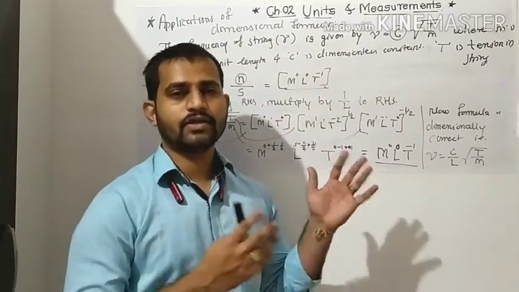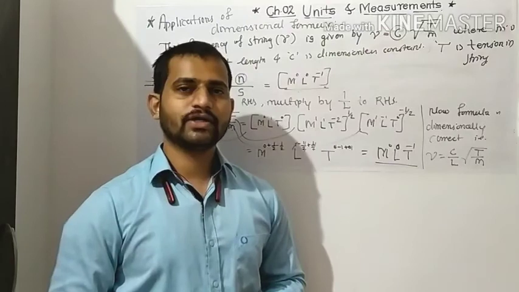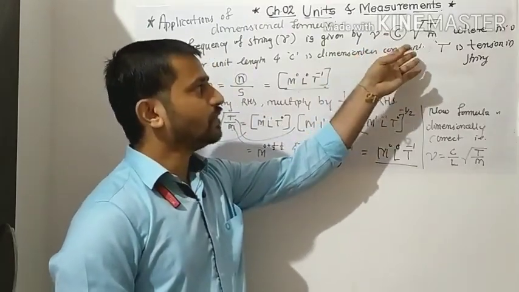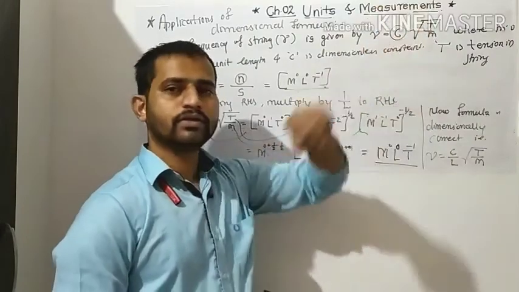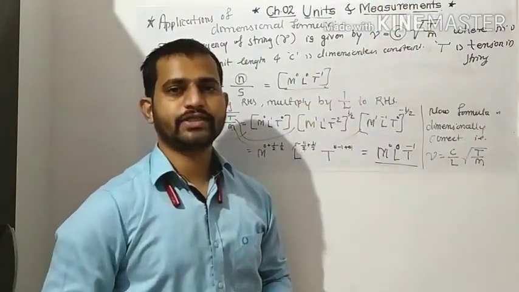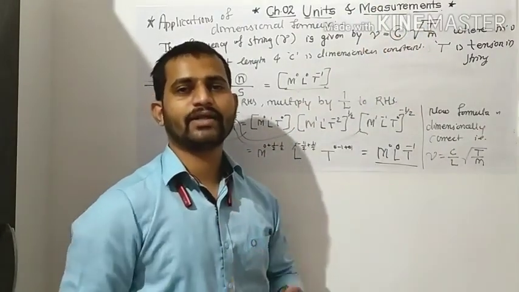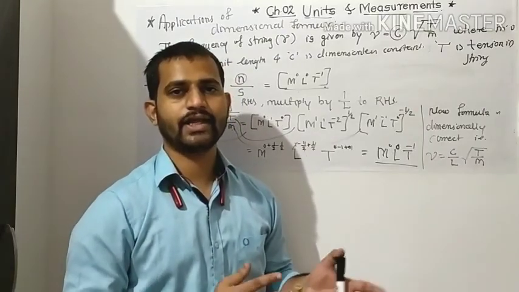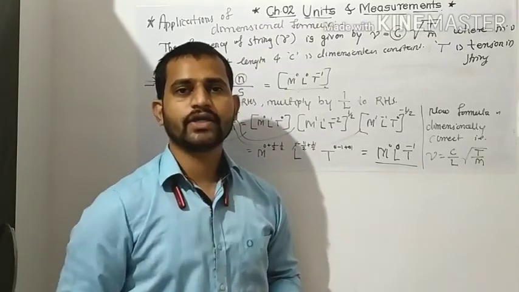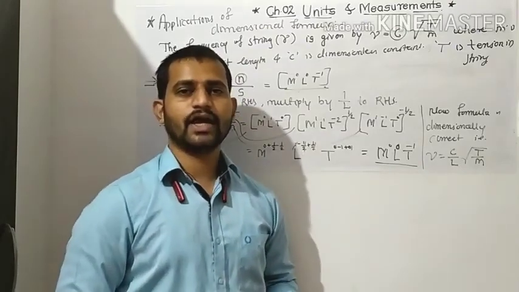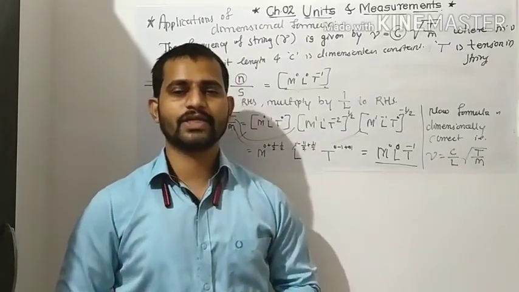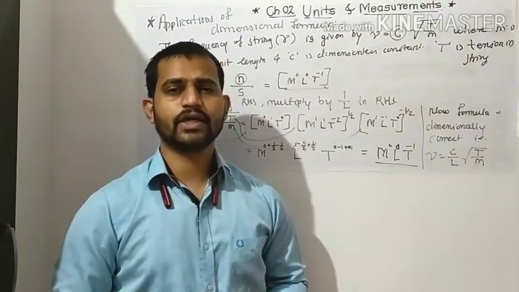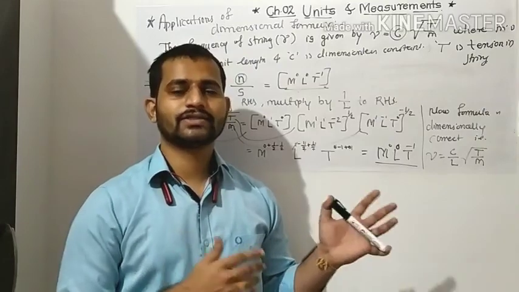And if the problem is given like this, the formula is given, then if we know the meaning of each term in that, we just have to apply the dimensional formula there, and accordingly find the LHS and the RHS. And if in the problem it is said that if the formula is not dimensionally correct, then correct the formula, then we have to go for its correctness.